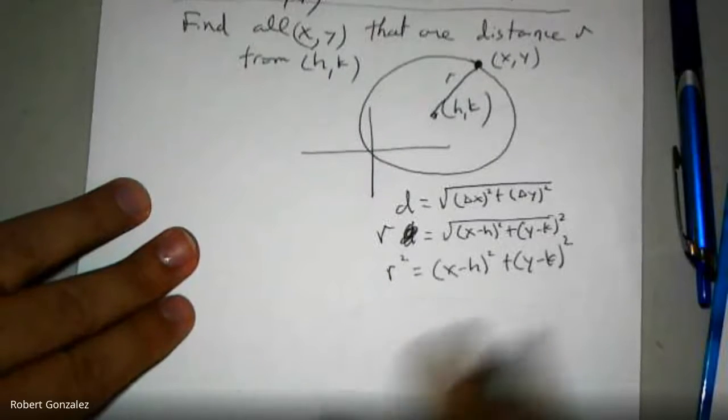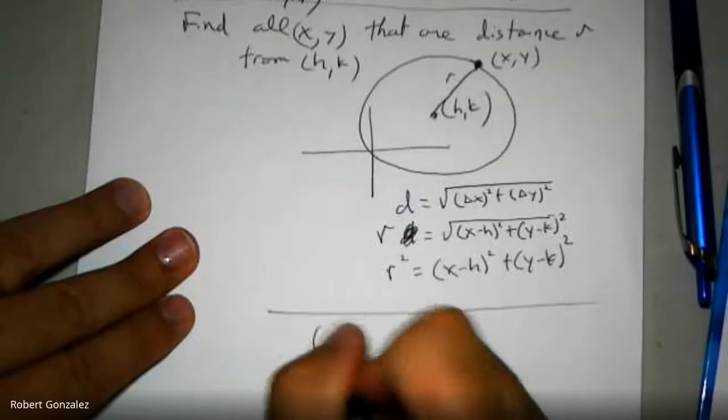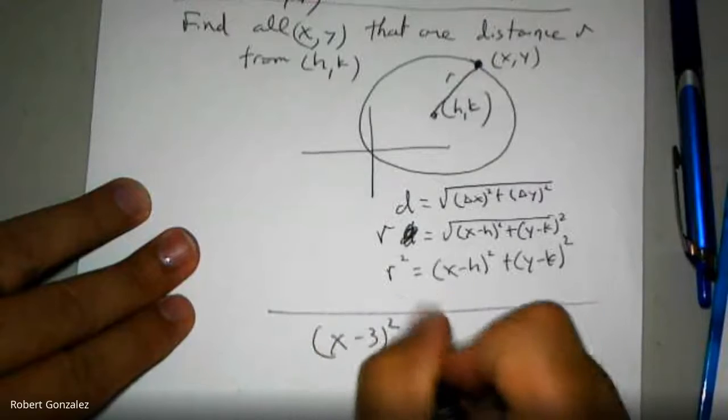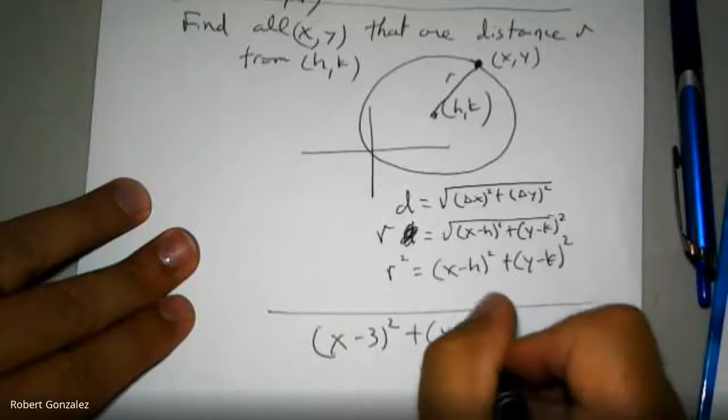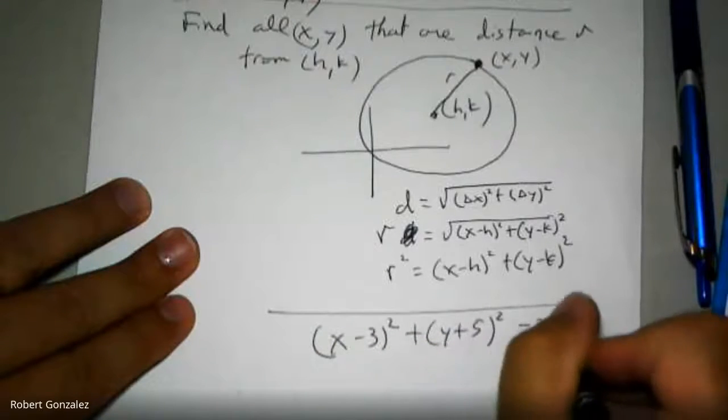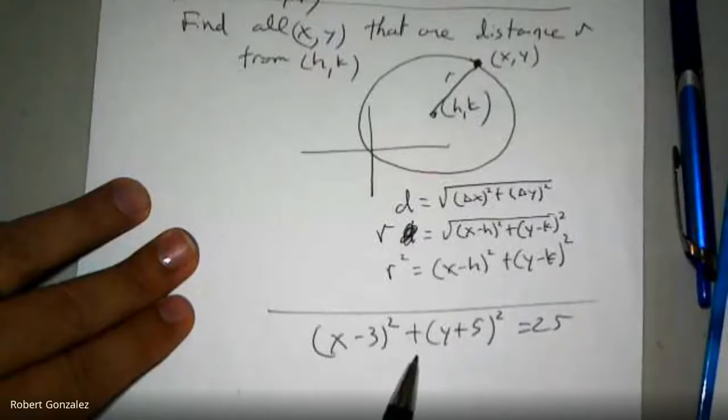Let's see how this works in action. Okay? Compare this to this. What is the center of the circle? I need h and k to get the center of the circle.